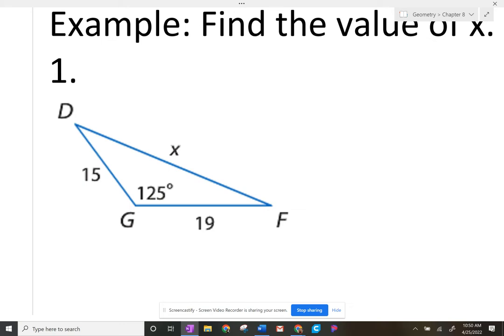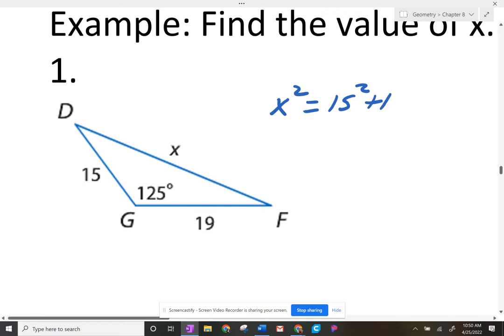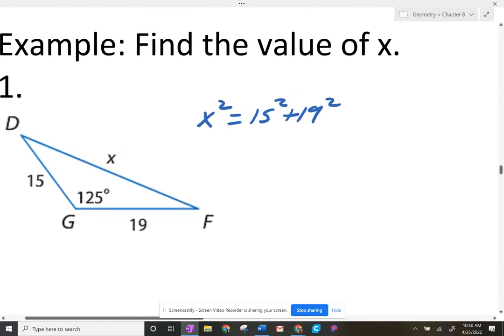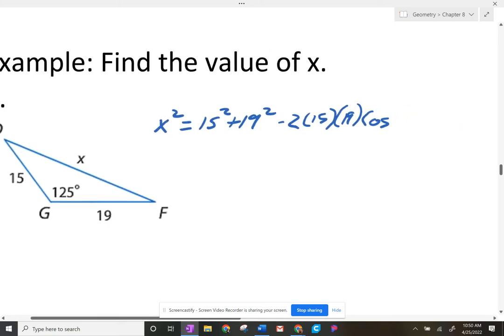So when I set this one up, I will write it as x squared, because that's the side I don't know, equals 15 squared plus 19 squared minus 2 times 15 times 19 times the cosine of 125.